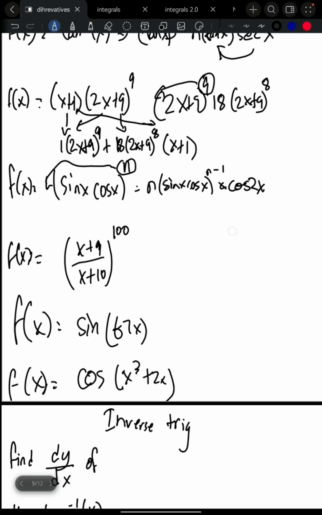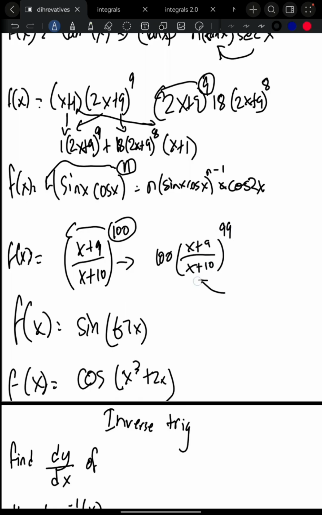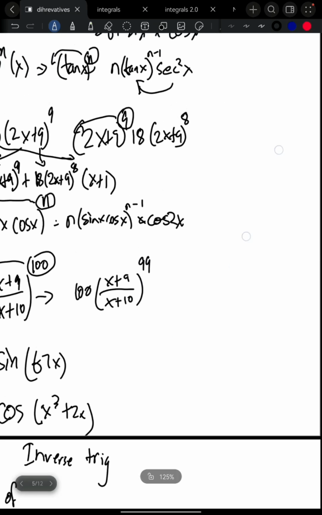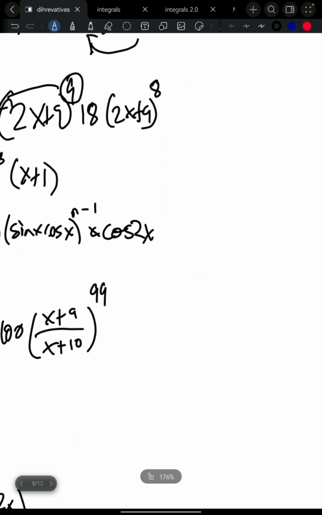Okay, this one seems hard, but it's medium level. It's long, not hard, right? So bring the power down, so 100, subtract 1, times the derivative of the inside. What is the derivative of x plus 9 divided by x plus 10? That's my job to figure out. Fine, use the quotient rule, right?